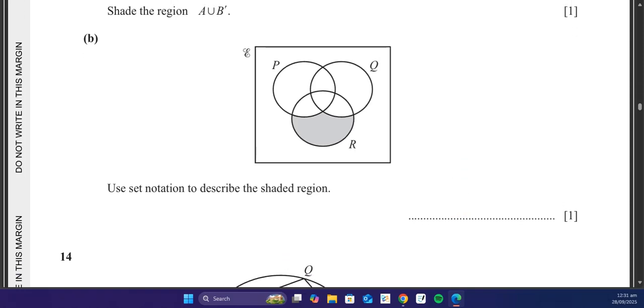So the shaded region is only R. It's only R, and no part of P is included and no part of Q is included. So we're going to say P union Q, R. That is going to be our notation.